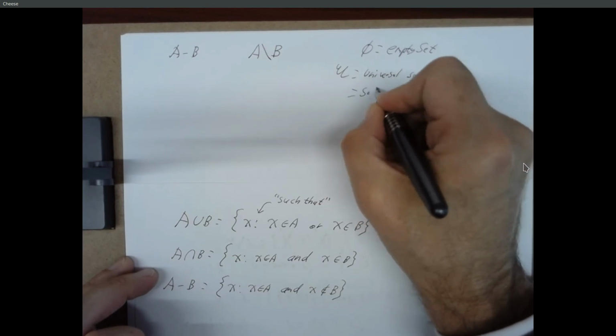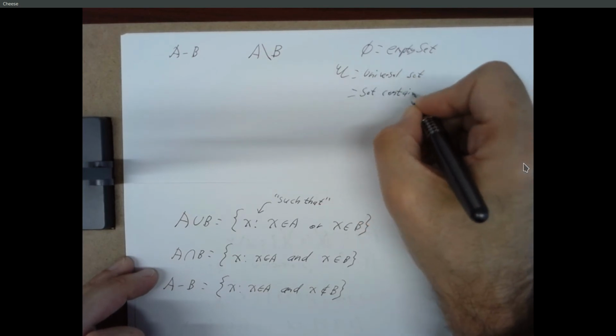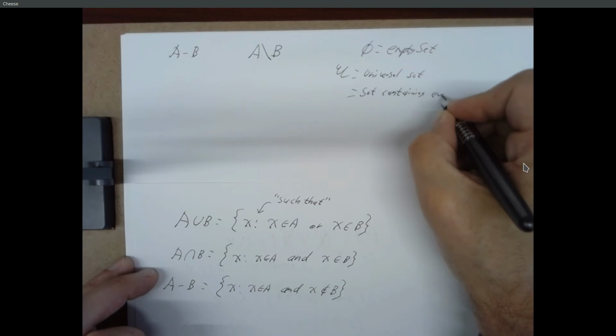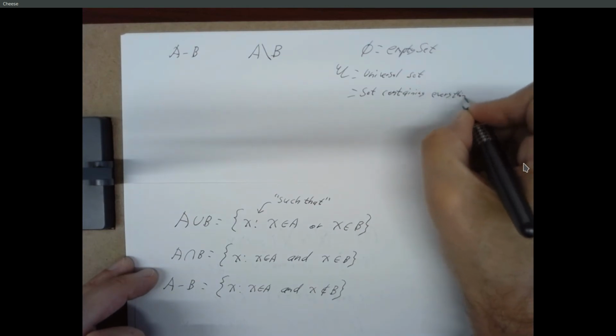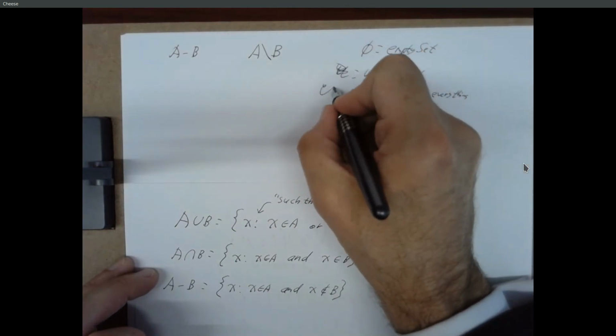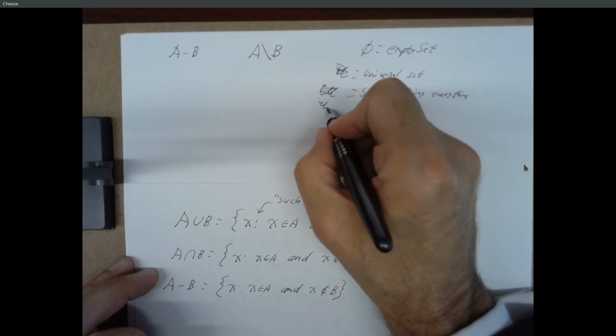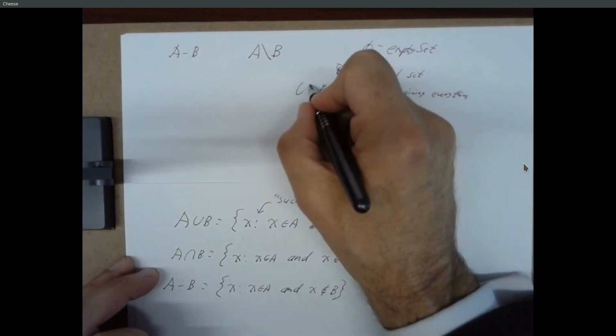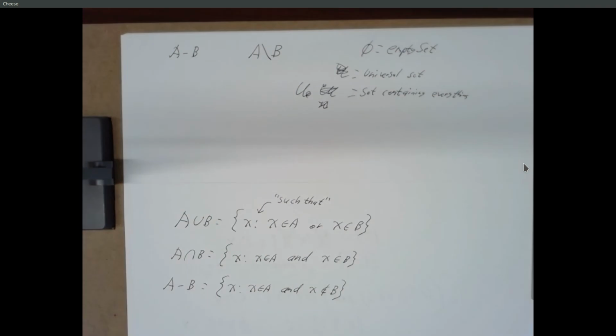That's the set containing everything in the universe. This should be a fancy looking script U, but I'm not very good at drawing fancy script U's. So, I don't know, draw your favorite fancy script U. Make that the universe.